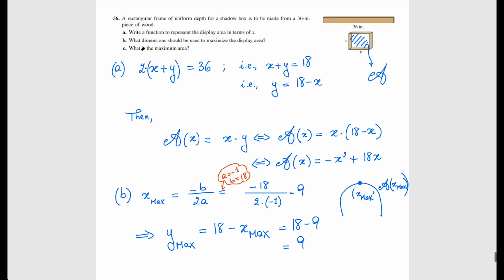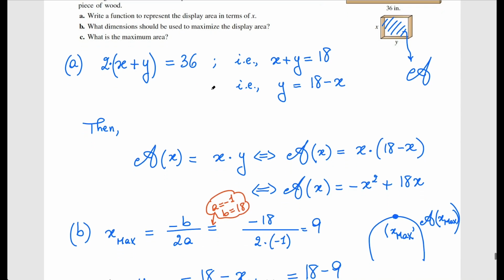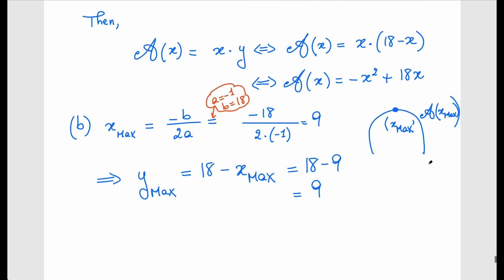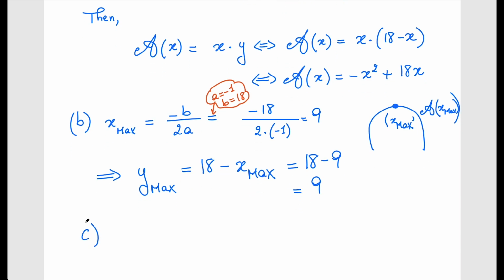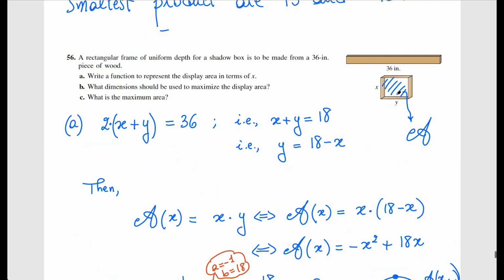And the last part, which is the C, what's the maximum area? Well, the maximum area is going to be the y-coordinate of the vertex, so a of x max, right? So C, the area corresponding to this x max is going to be the largest area that you can get in this display frame, right? In this display area.